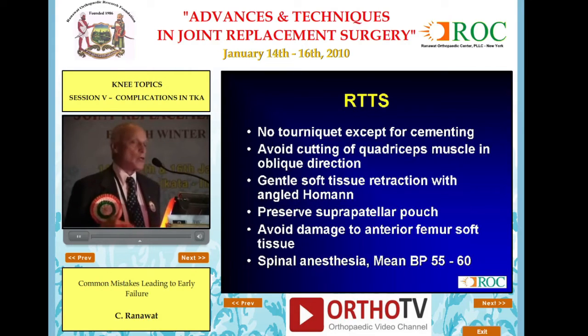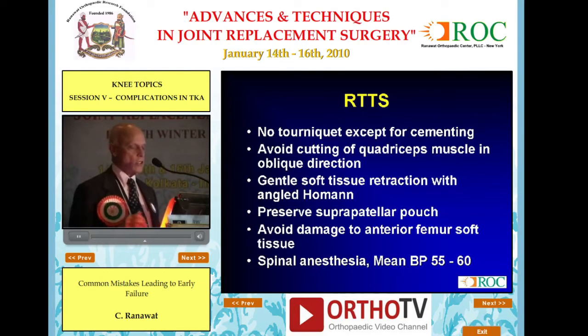I don't apply a tourniquet because I believe the tourniquet is one cause of soft tissue damage to the knee. If you use less, you probably will have fewer byproducts of ischemia in the body. Also, avoid cutting the quad. This is an important point, and I'll come back to it when I show the slide.